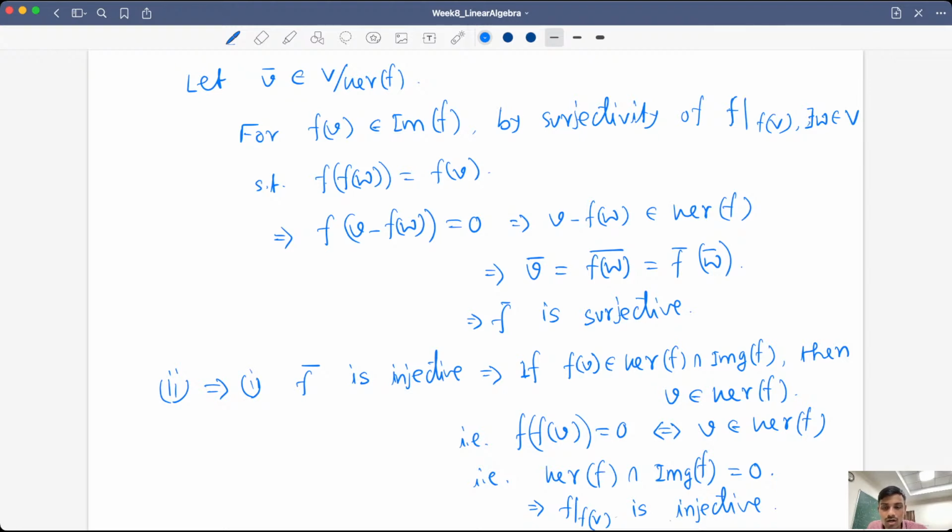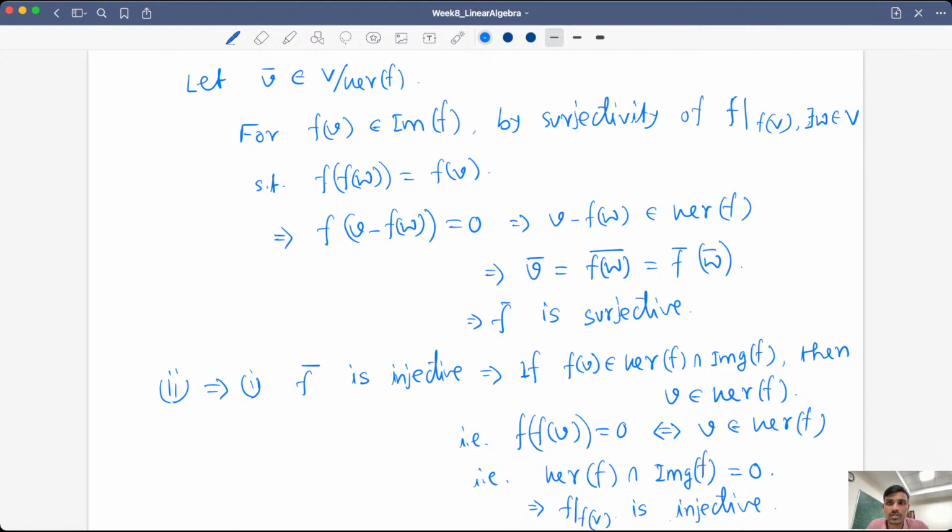Now w belongs to the kernel of f, so f(w) equals 0, and w equals f(v). So f(f(v)) equals 0, and from this injectivity, I know that v belongs to the kernel of f. But by our choice, w is f(v), and v belongs to the kernel of f, so w equals f(v) equals 0. So from there I get this one.